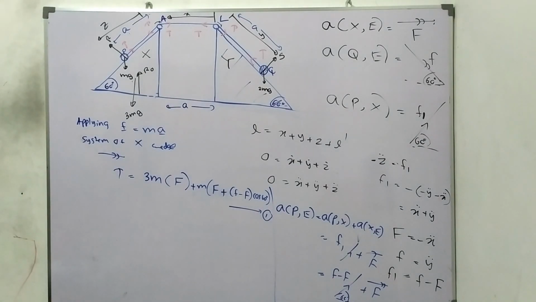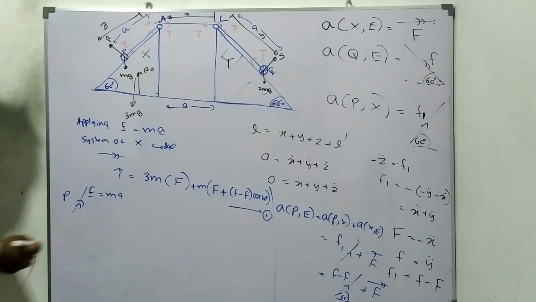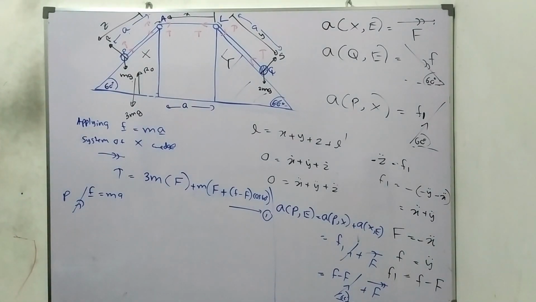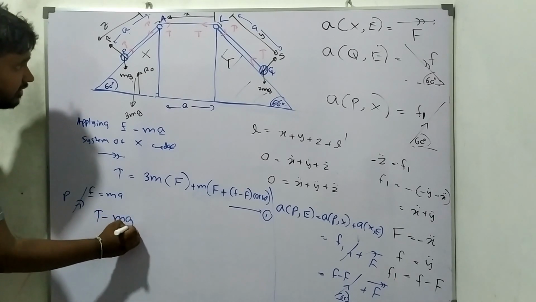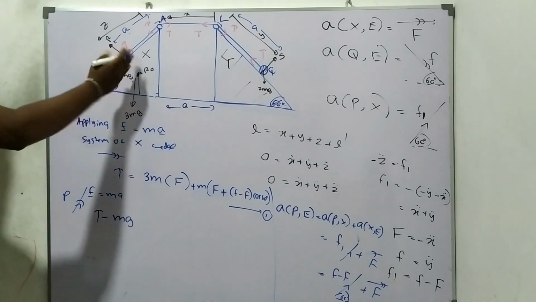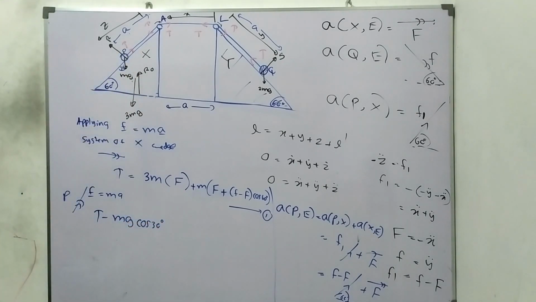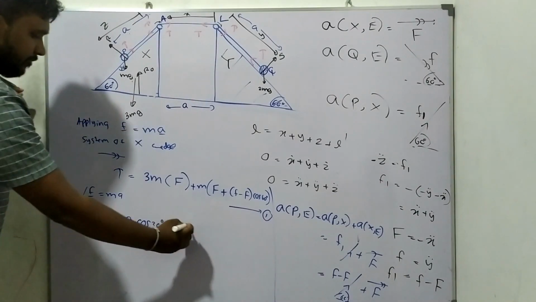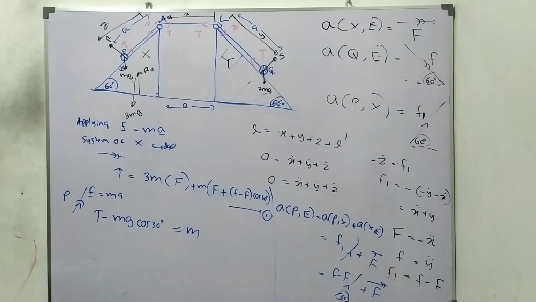So the next thing, we can put F equals ma for the P, only for P, right? Then it's T minus mg, this is 30, no? mg cos 30 equals m times this way acceleration, yeah, it's the same, no?